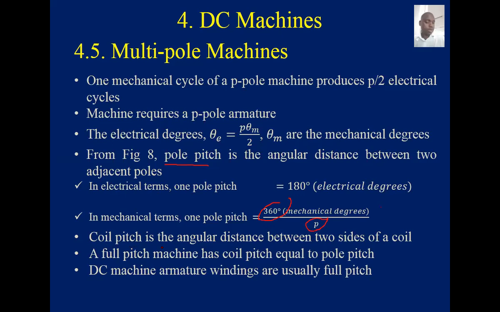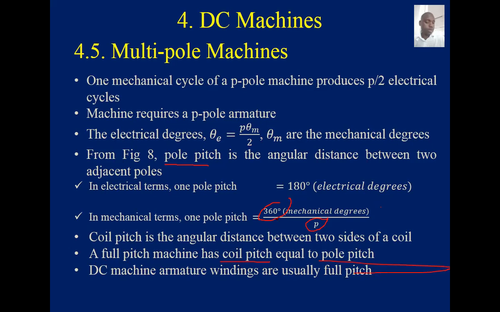Then coil pitch now becomes the angular distance between two sides of a coil. In most cases, you realize that the coils might be wound for a two-pole machine, they'll be about 180 degrees from each other. A full pitch machine is one coil pitch equal to one pole pitch.